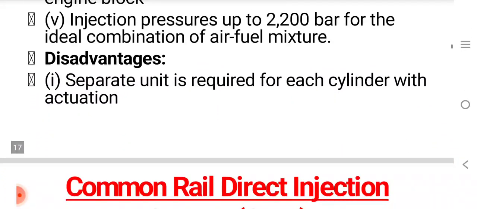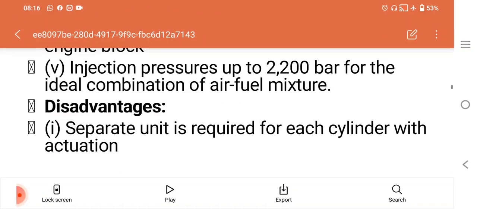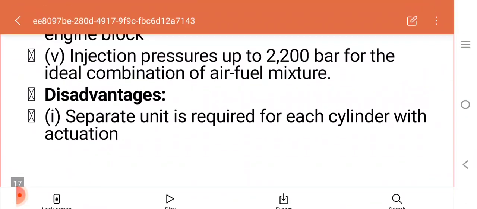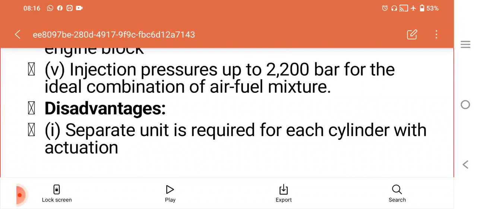The disadvantage of the solid injection system: a separate unit is required for each cylinder.